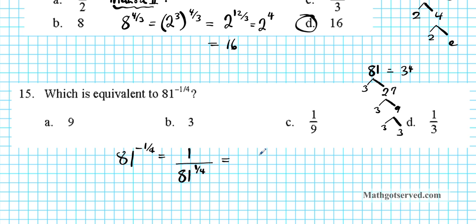We're going to have 1 over, instead of 81, we'll replace that with 3 to the 4th, and then to the 1/4. Now you have a power situation, so you multiply the exponents, and then you're going to have 1 over 3 to the 4/4, which reduces to 1. So it's 1 over 3. That will be the final answer, which is option letter D. Okay, so there you have it.